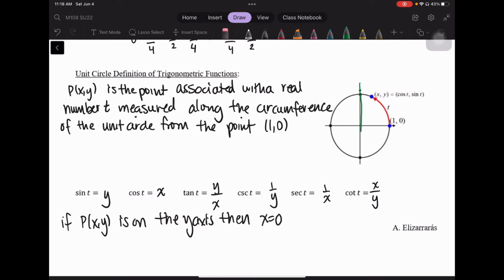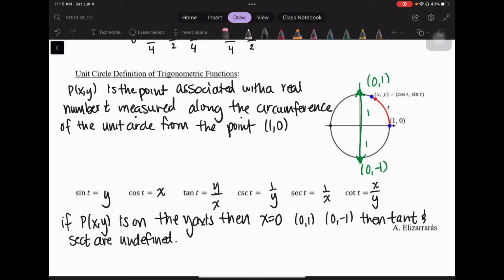If you're on this y-axis right here, there's a radius of 1, and so that would mean that if x is 0, we're dealing with y, and so we would have 0, 1, or 0, negative 1. Well, in that case, we've got some undefined functions that could happen. When you divide by 0, that doesn't work. So if P is on the y-axis and x equals 0, then tangent and secant are undefined because you have y over x for tangent and 1 over x for secant.